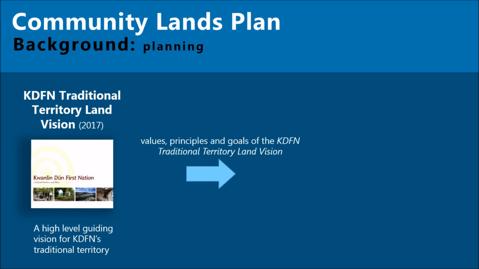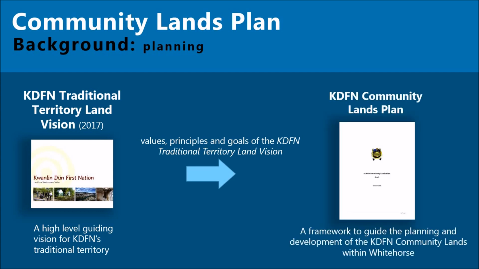So flowing from that then, we're taking the values, principles, goals of the land vision and we're applying them to the Community Lands Plan. So the Community Lands Plan then becomes a bit of a subset of the land vision, and it will then provide a framework which will guide the planning and development of Kwalendon's community lands within Whitehorse.